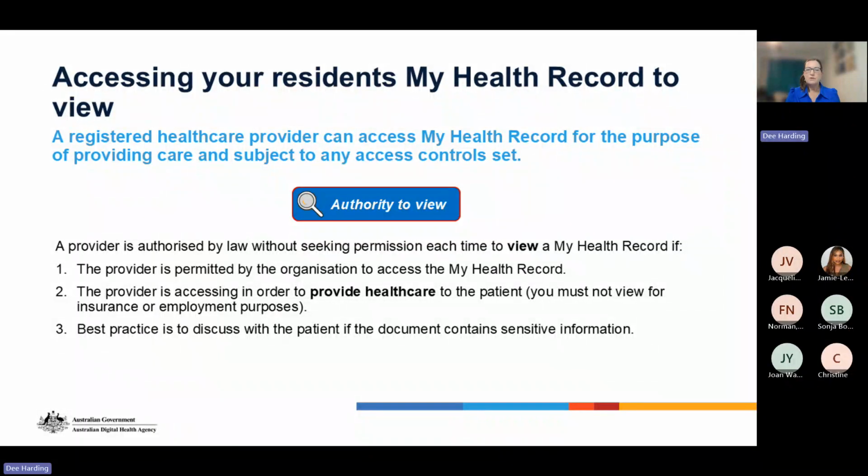You may access the record to refer to their shared health summary to help formulate a care management plan based on their health history. You may also look at their My Health record to see if they are taking any medications, such as blood thinners, that may need to be stopped before potential surgery or procedure. And you may also check their My Health record to determine their test results and health history for the purpose of an intended hospital transfer.